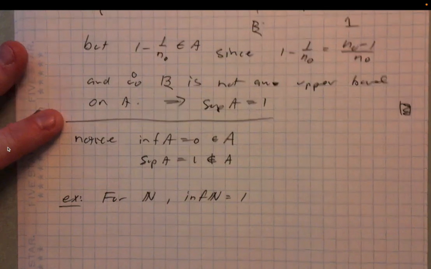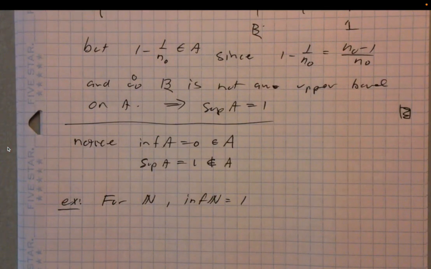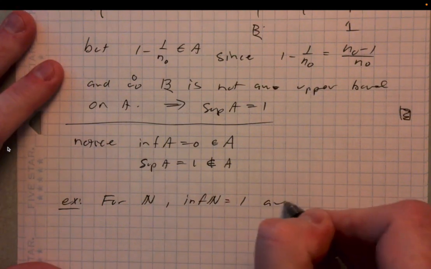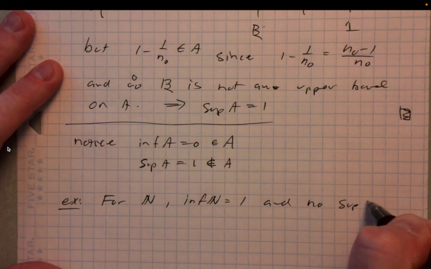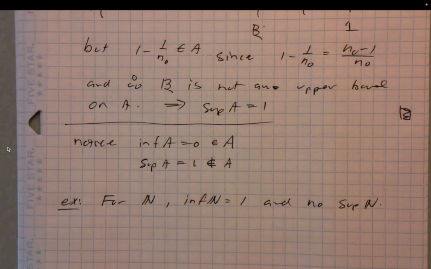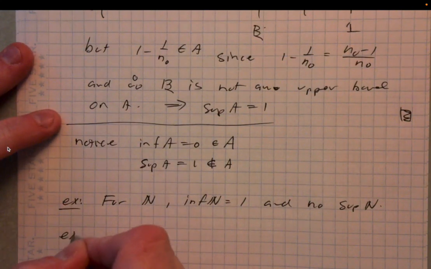Is there a supremum of the natural numbers? No. There's no supremum. All right, so the supremum doesn't exist. Okay. All right, very good. Let's do one more example.